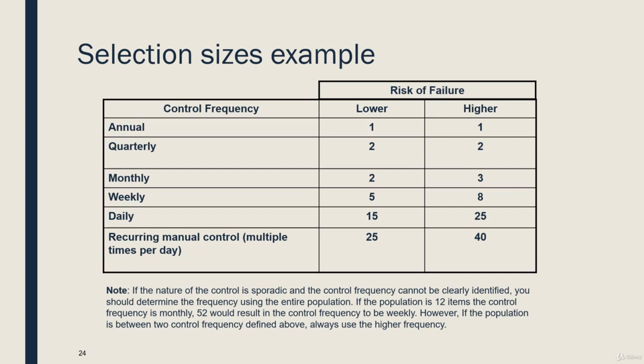Or if you have about 52 items in the population, you want to use the frequency of weekly. However, if the population is between two control frequencies defined above, always use the higher frequency. So for example, if you have 25 items, then you don't want to use monthly, you want to use weekly because you're going to that next control frequency on the chart.